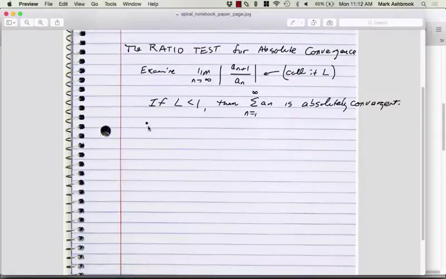Okay, if L is greater than 1, then that is divergent. If L equals 1, then the test yields no conclusion.